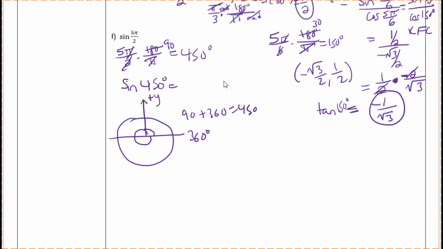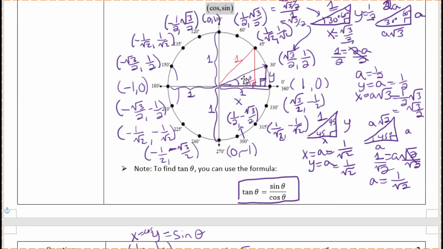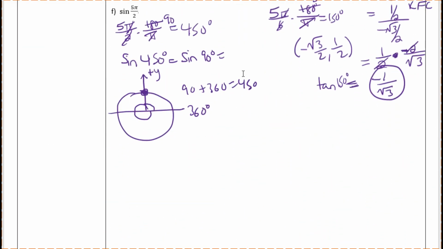So we're looking at basically the sine of 90 degrees. The sine of 450 is the same thing as the sine of 90 degrees. The coordinates for 90 degrees are 0, 1. We're looking at the y-coordinate, which is 1. So sine of 450 is 1.